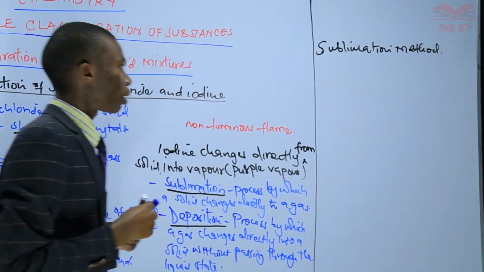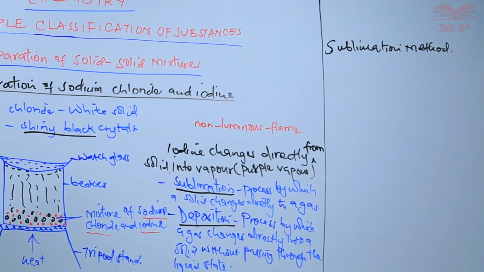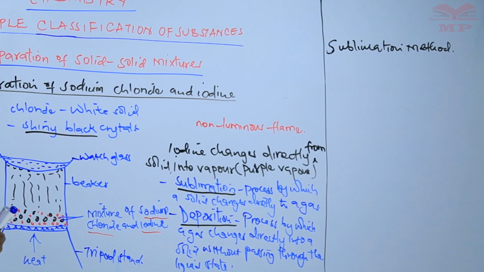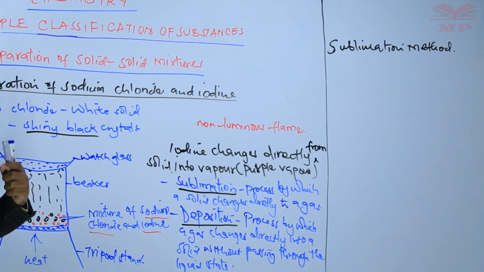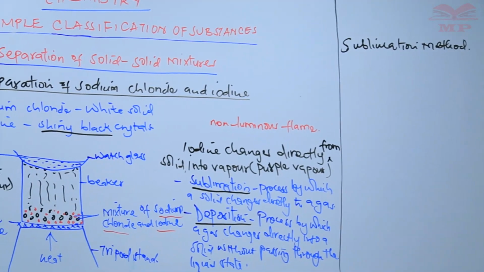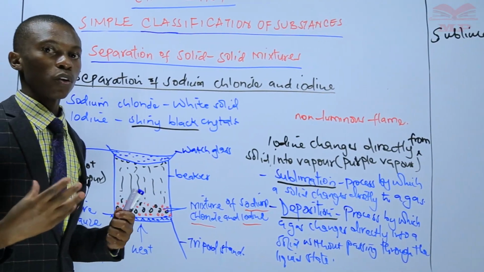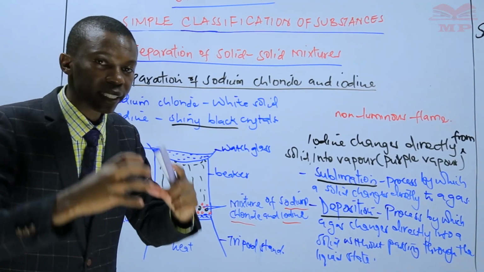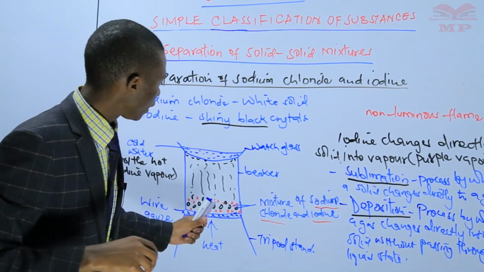So the sublimation method has made it possible for us to separate sodium chloride and iodine.